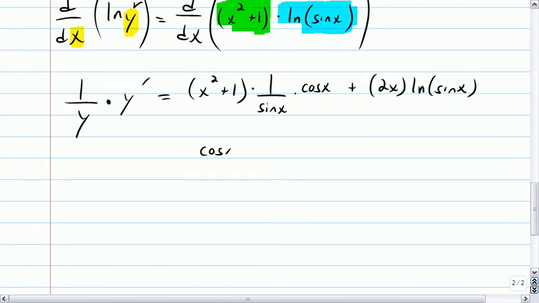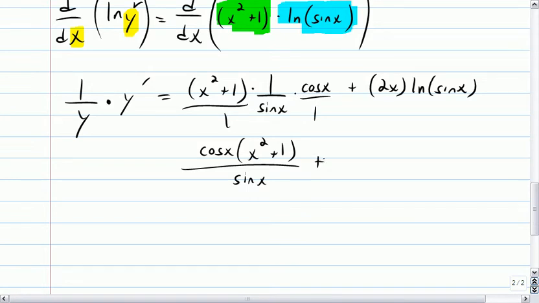It's cosine x times x squared plus 1 over sine x. These are all just fractions: all the way across the top, all the way across the bottom, you multiply. Plus 2x natural log sine x. And that equals 1 over y, y prime.